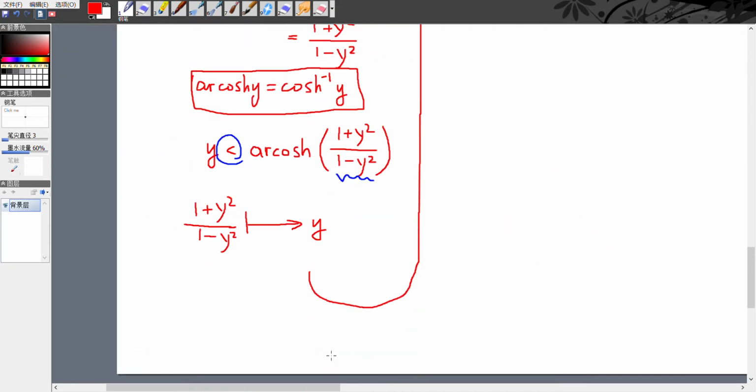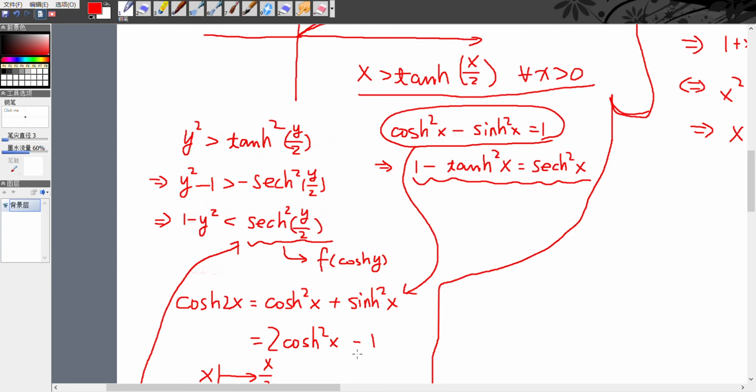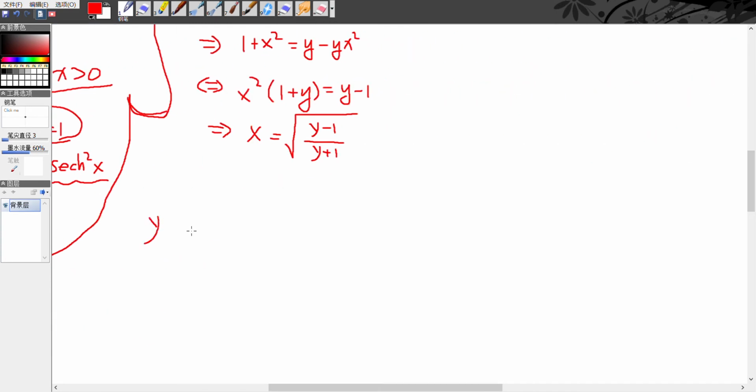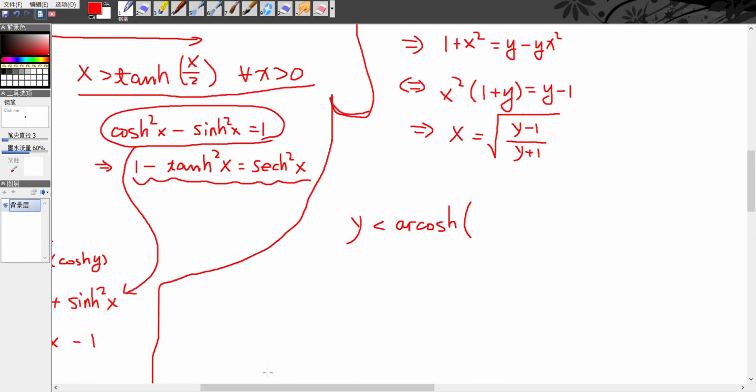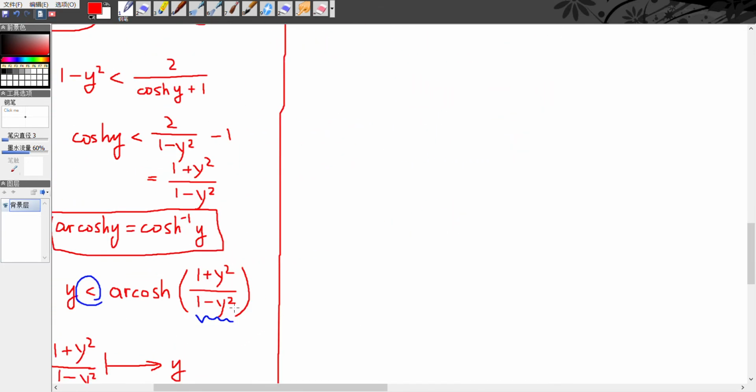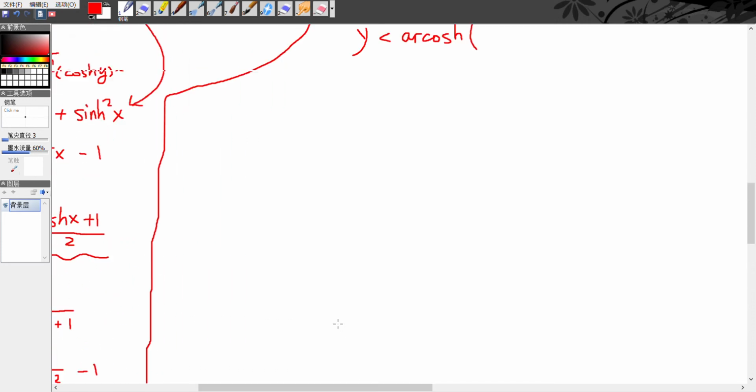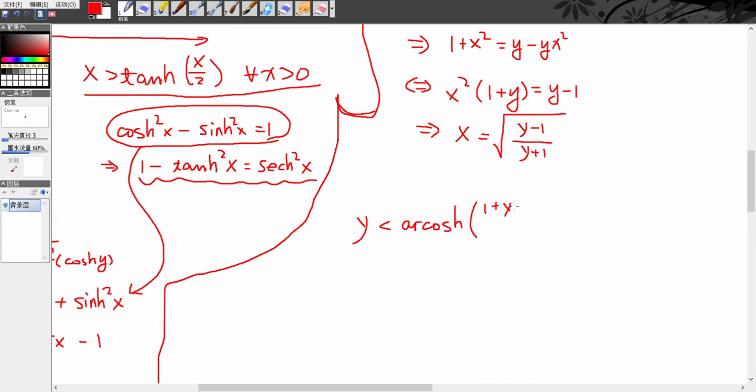So if we send this term to y, it is equivalent to sending our y to the square root of (y minus 1) over (y plus 1). So the inequality we already have is y is less than or equal to arccosh of (1 plus y squared) over (1 minus y squared).